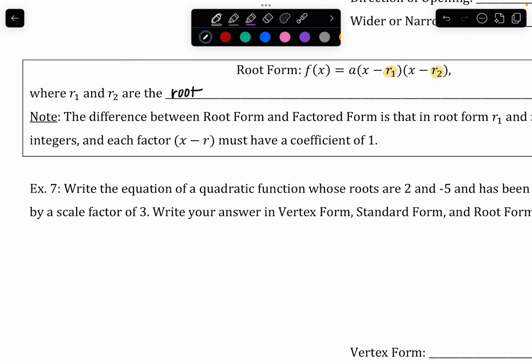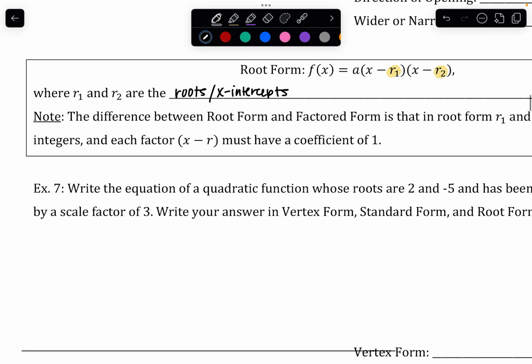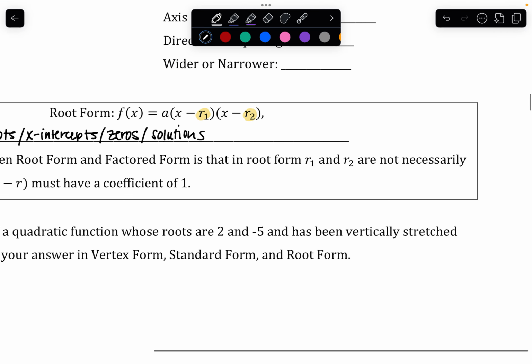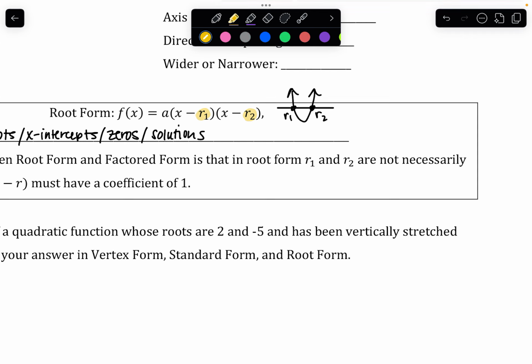And roots are the same thing as x-intercepts. They're also called zeros. They're also called solutions. So we have 4 names referring to the roots, okay? If you're picturing the graph, it would be where it crosses the x-axis.